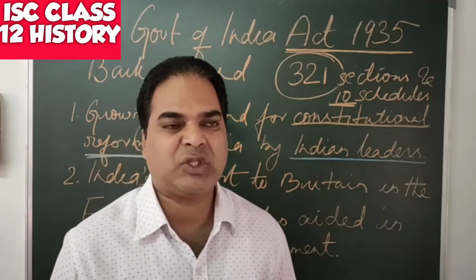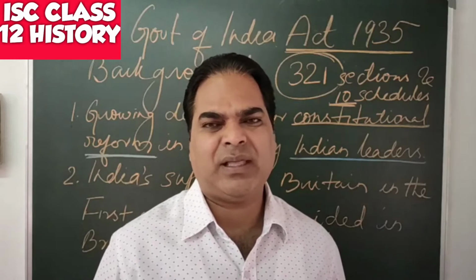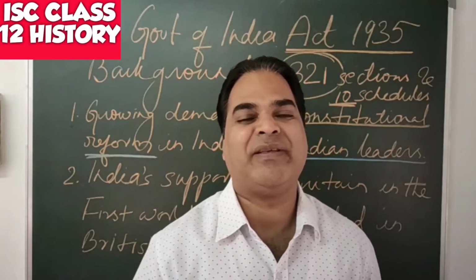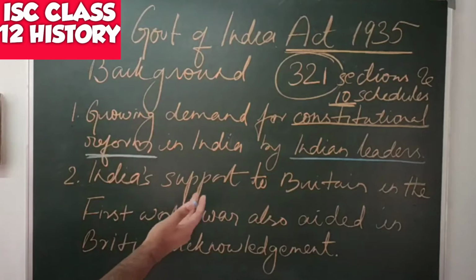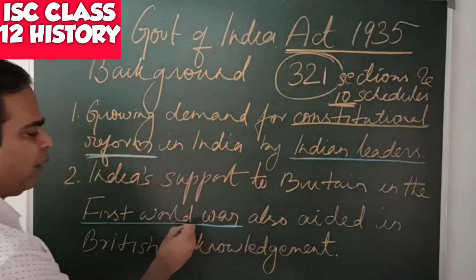They did not protest much. They were of the opinion that this is not the right time to disturb the British government when they are involved in the war. So India supported Britain in the First World War.